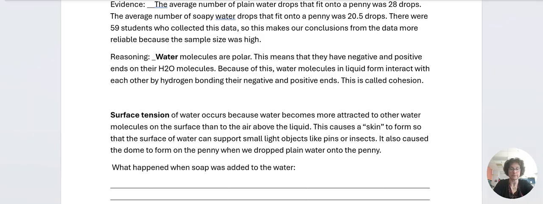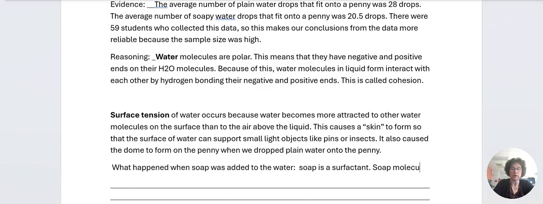Here's what happened. Soap is a surfactant. Even if you're not sure what that means, right? If you can explain what the soap did, you're basically explaining a surfactant, okay? And the video talked about this. So the video said that soap molecules, right?